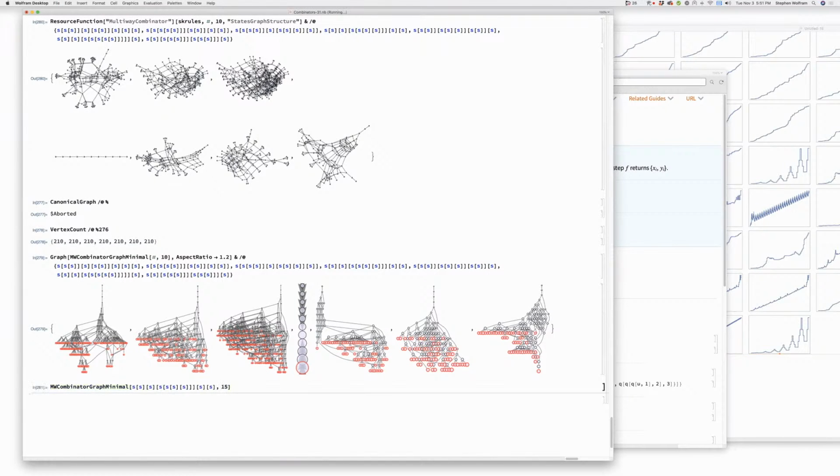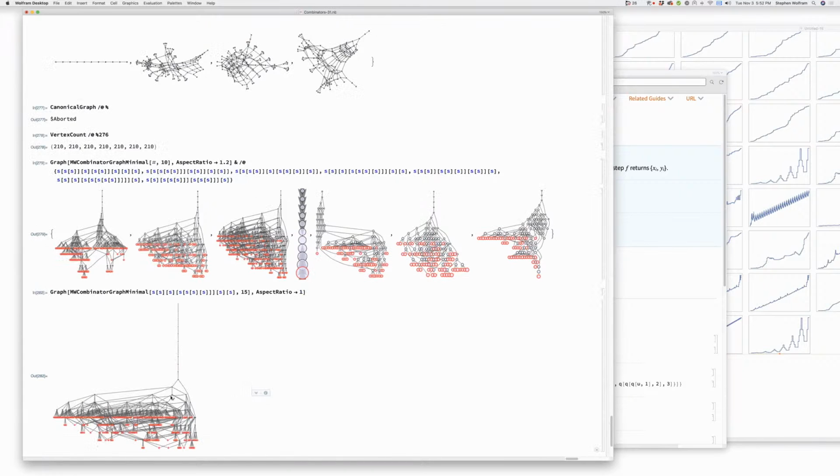Okay, let's go to 15 steps. Nope, it didn't stay unique. So those red things are places where the thing hasn't halted. Okay, so that's not going to stay unique.